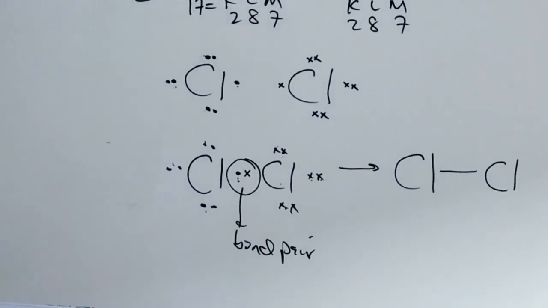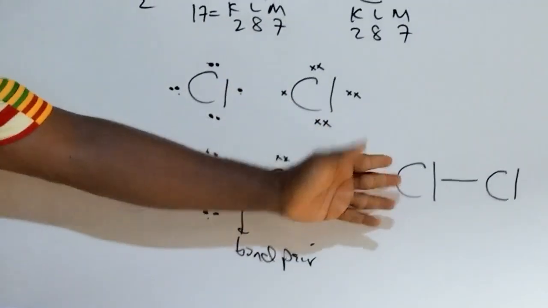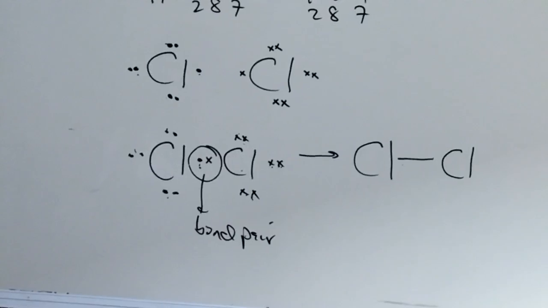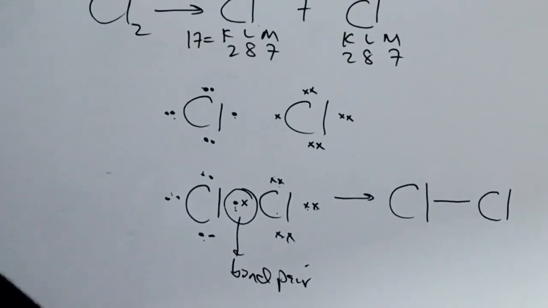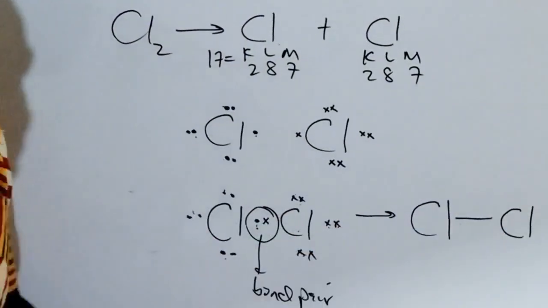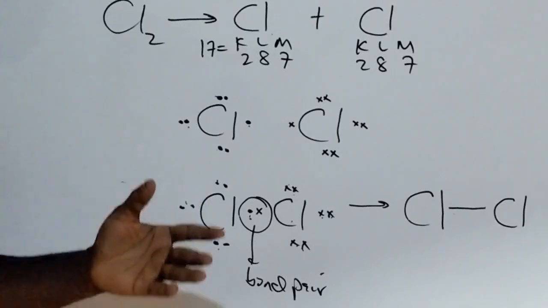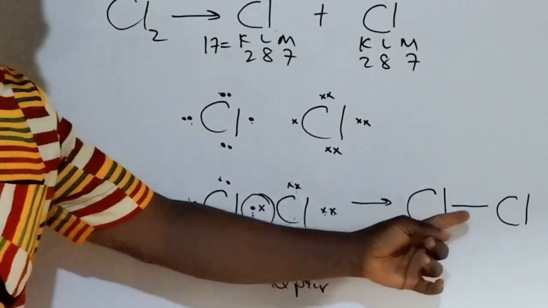So if you look at this example here, we have a sigma bond formed between 2 chlorine atoms. Now the question is this: can inductive effect occur between 2 chlorine atoms? The answer is no. We don't talk about inductive effect in a covalent molecule that contains similar atoms.